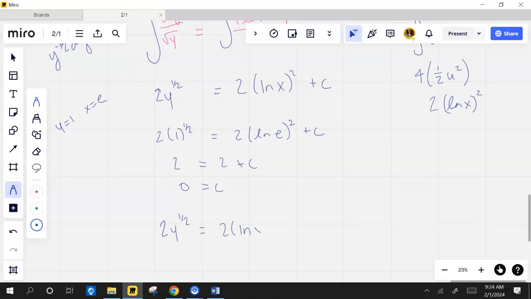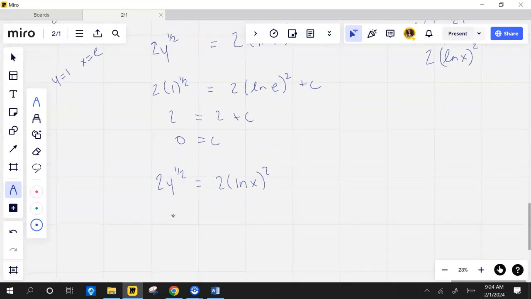This one wasn't hard. It was just a lot of steps, but it wasn't hard. What do I do first? Divide by 2. That's nice. Everything to the second power.